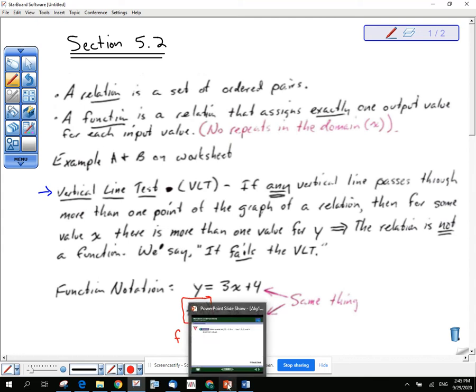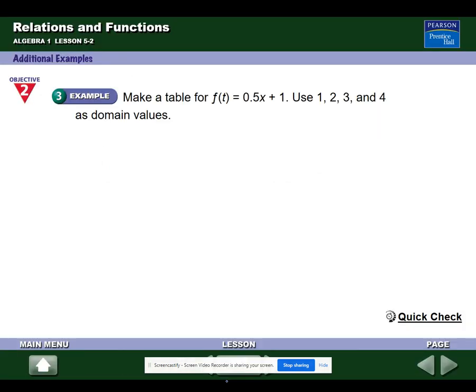Okay, lastly, these two examples. Make a table for f of t is equal to 0.5x plus 1. Again, it's terrible that they do this right from the start. Forget about t. It's f of x. F of x is equal to 0.5x plus 1. You're familiar with a table of values, right?